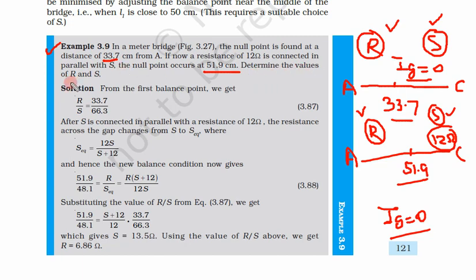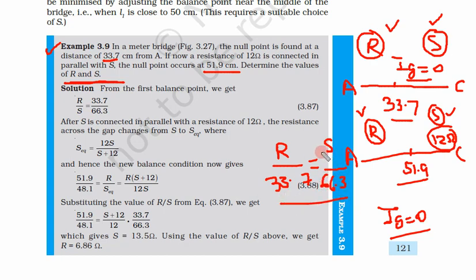Now determine the value of R and S. So we have to calculate both R and S. Let us see the first case. In the first case, we see R upon 33.7 must be equal to S upon 100 minus 33.7. 100 minus 33.7 is 66.3.